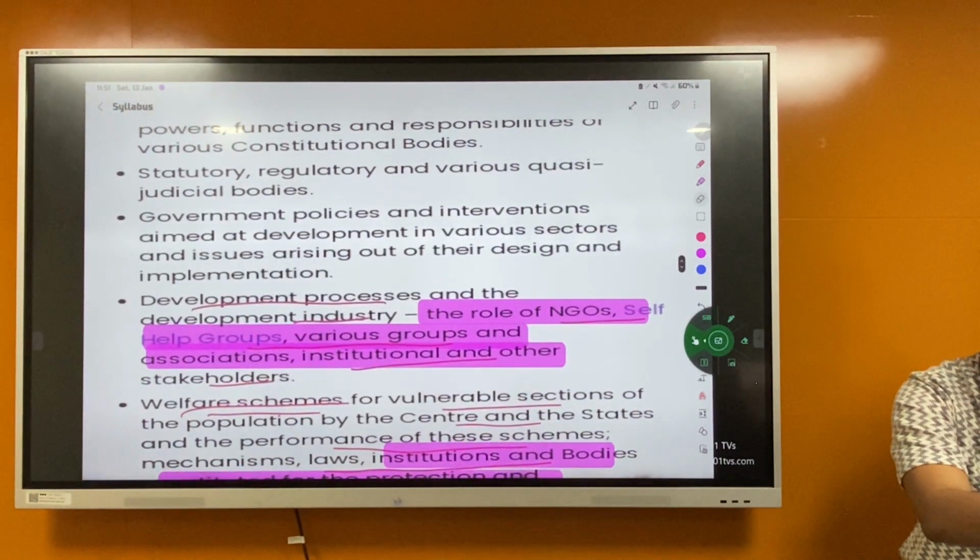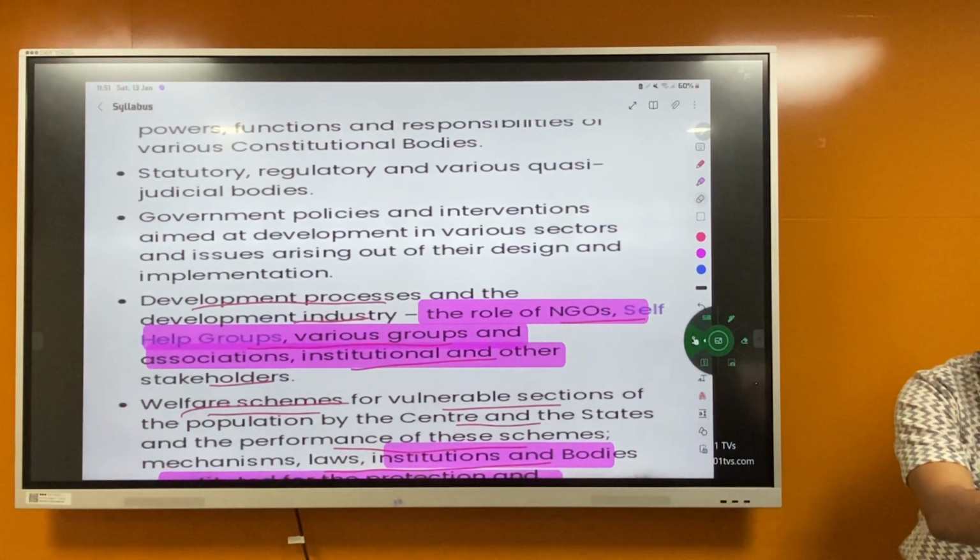Next, government policies and interventions aimed at development in various sectors and issues arising out of their design and implementation.